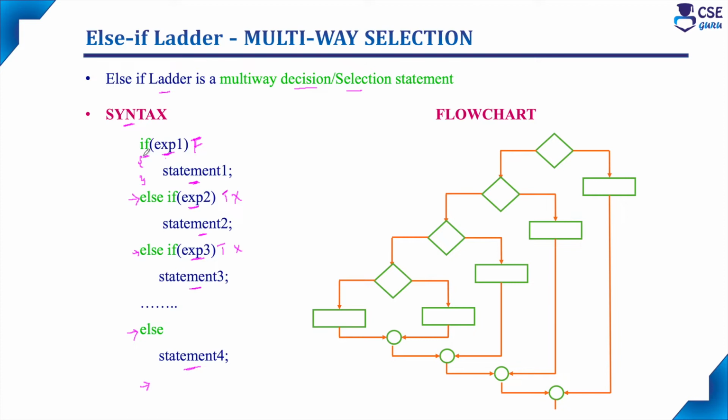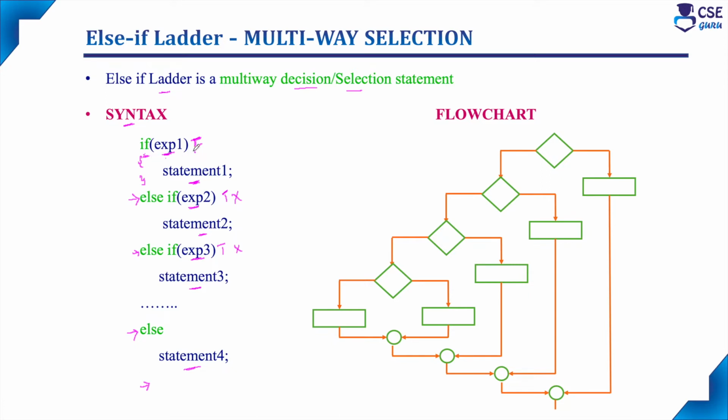Suppose this condition is true, only statement 1 will execute and all the remaining else if parts will be skipped. It won't execute anything, even the else part will be skipped. So only statement 1 will execute, control will transfer out of this else if ladder, and it will execute the next statement in the C code.